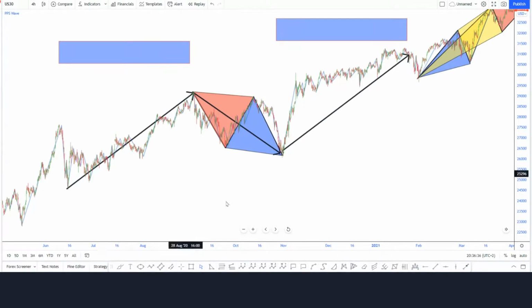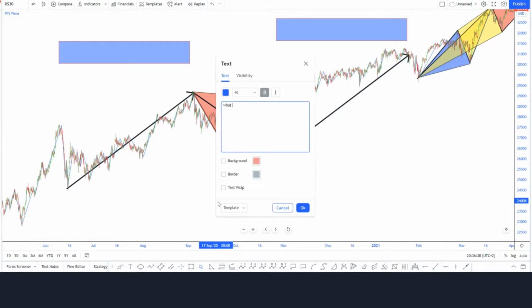So basically, it is a perfect ABCD. This happens when AB equals CD and the retracement is 61.8.